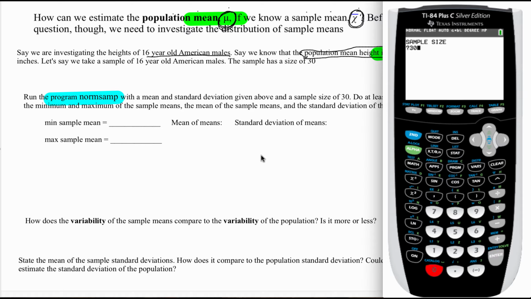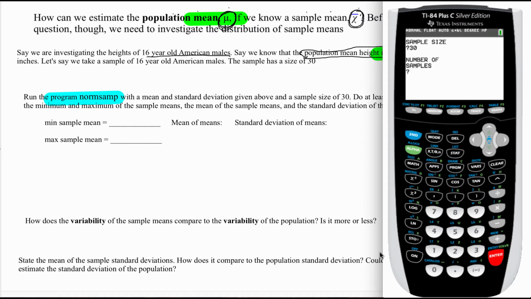So now it's just going to go out and randomly touch 30 people that would fit in this bell curve somewhere, somehow. And it's just going to randomly select 30 of them. And well, how many times do we want to do that? How many times do we just want to run out to this bell curve that has an average of 65.3 with a standard deviation of 4.2?